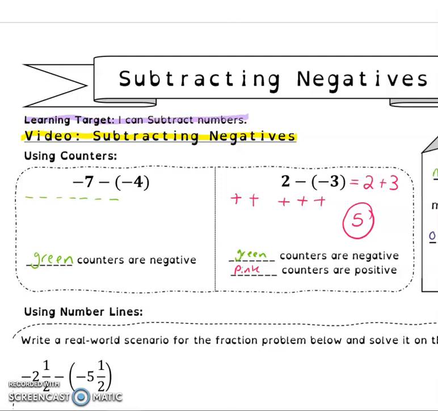This time it's a 4. So it's 1, 2, 3, 4. And then it's 1, 2, 3, 4. And again, that's a zero pair. But we're going to take away 4 from our zero pair.